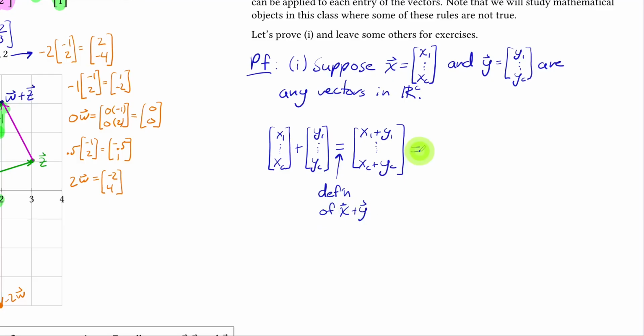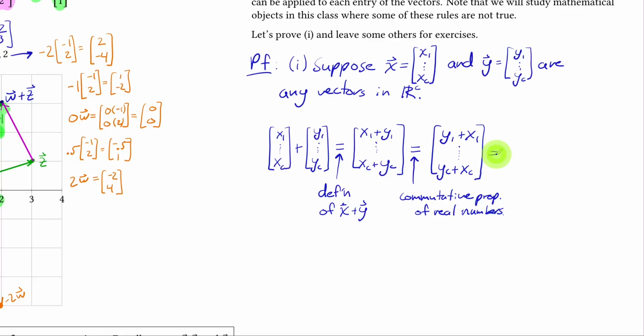Now, each of these components here are real numbers, and we can use what you know about real numbers and say that we can change the order that those are added in. And then that is just the definition of what it means to add the vector y to the vector x.